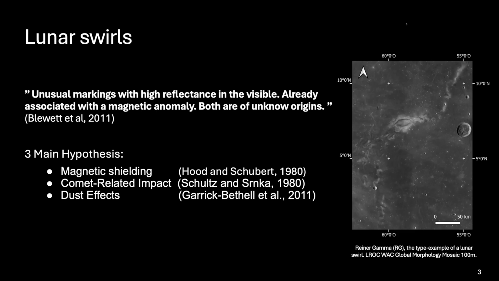Schultz and Srnka propose that a cometary impact removed darker, mature surface soils and exposed brighter, less mature material from underneath. And Garrick-Bethell speculates that electromagnetic fields alter the behavior of levitated charged dust, leading to the accumulation of high reflectance dust in the swirls.